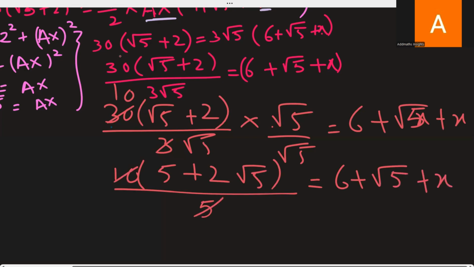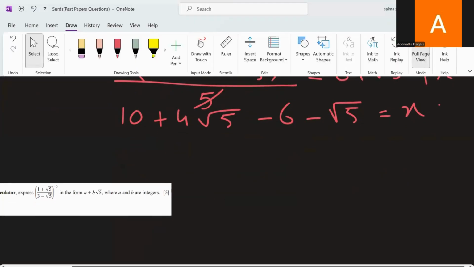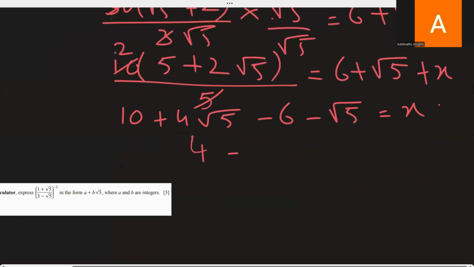Now you can simplify further, and your answer is now 10 plus 4 under root 5. And we make x the subject and take these values to the other side. So this is how you can find the value of x. Now we solve like terms. So when you solve, 10 minus 6 is 4 and 4 minus 1 is 3.